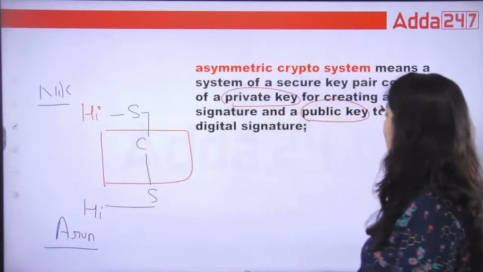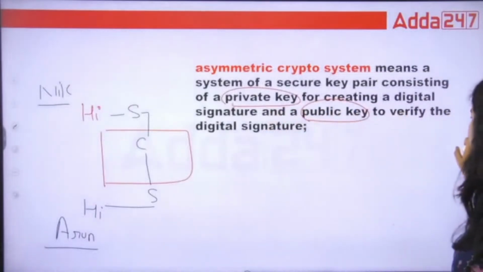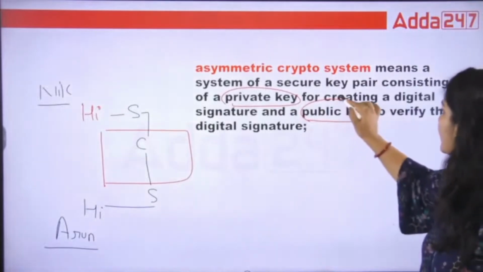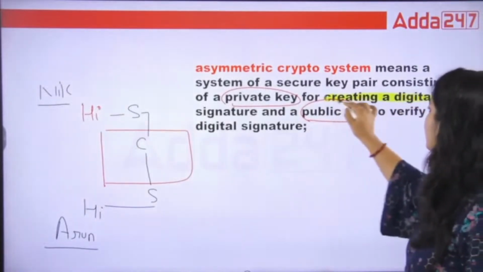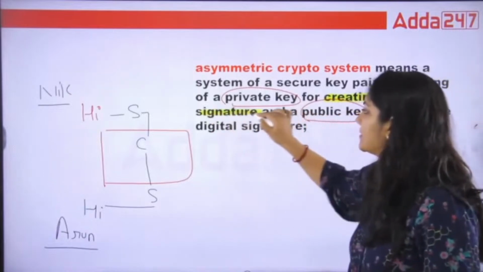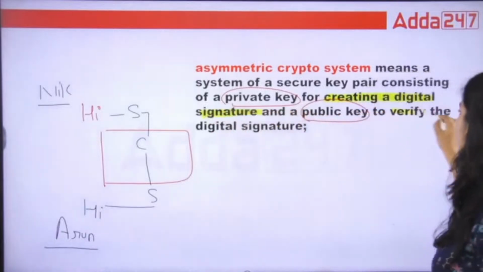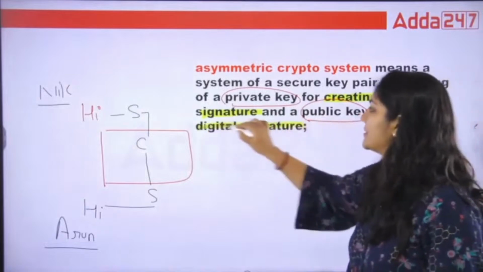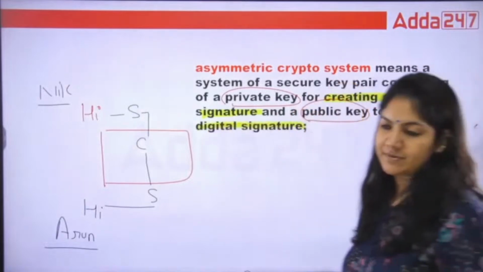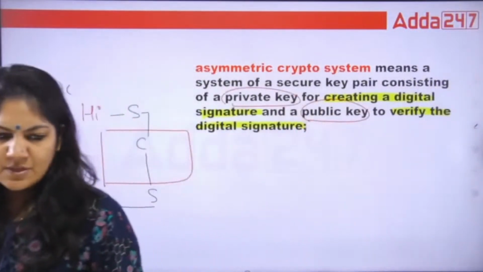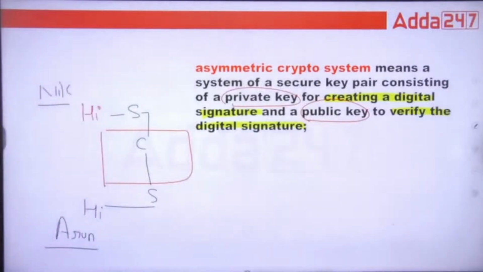So you have to remember, the private key is for creating a digital signature, and the public key verifies the digital signature. You have to remember this.